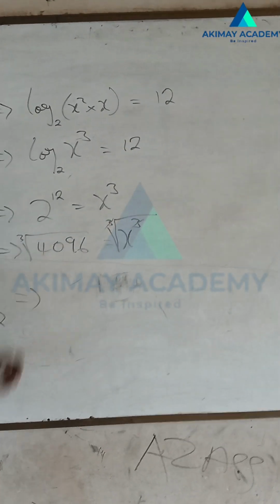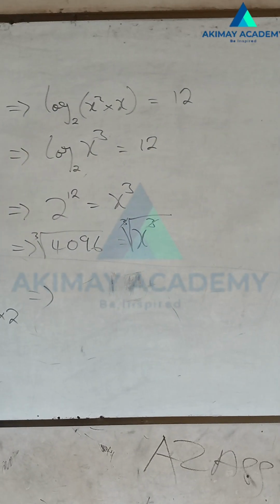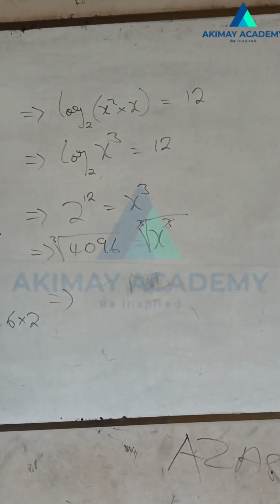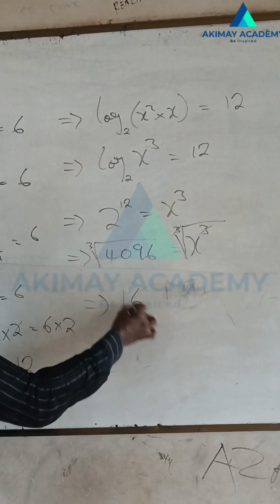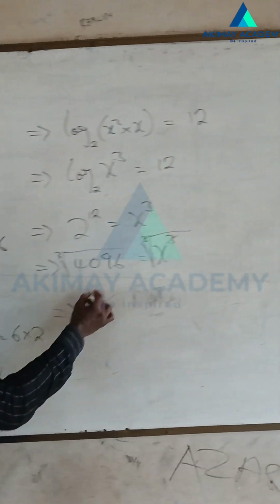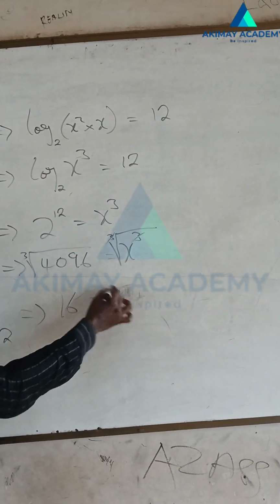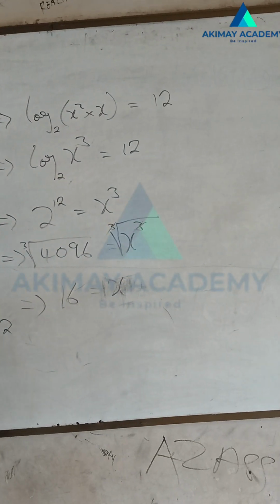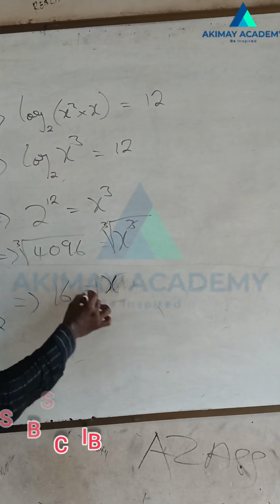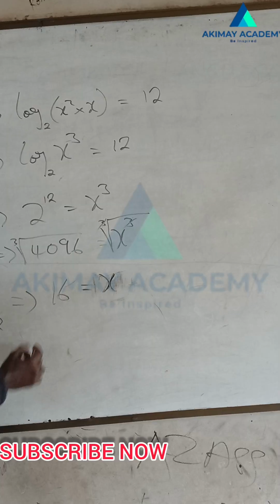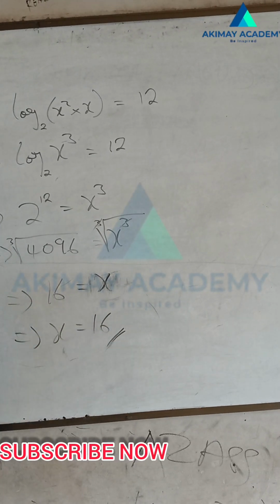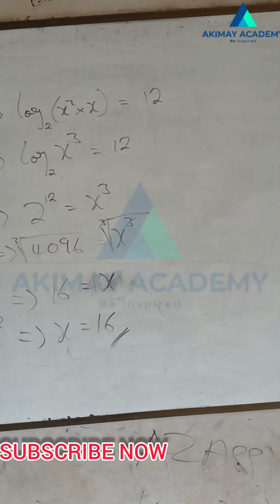Now cube root of 4096, which is going to give us what? Okay. So we have 16. So 16 equals x. 16 equals x over here. Or better still, you can write it as x equals 16. This is our value of x, as the question demands.